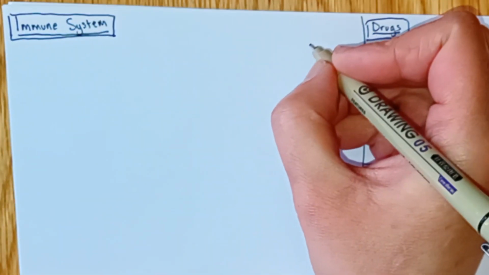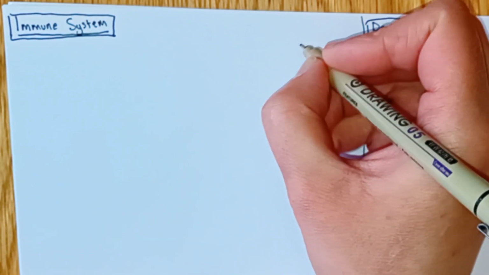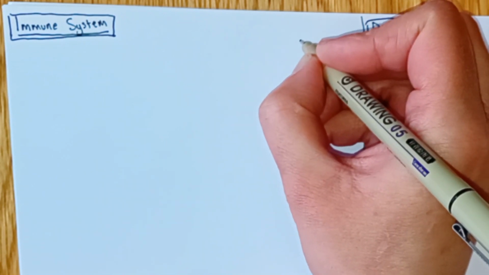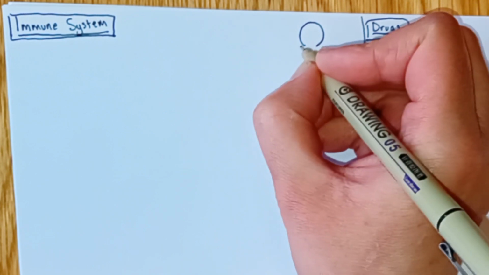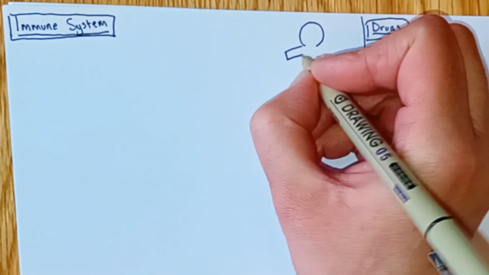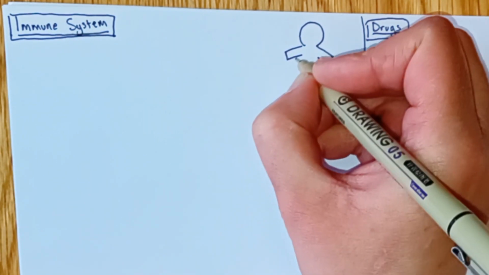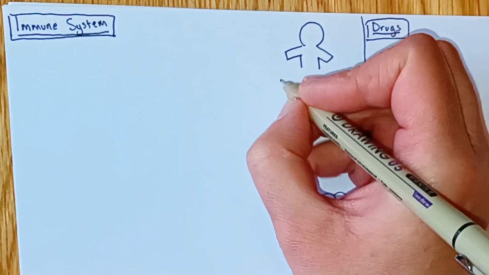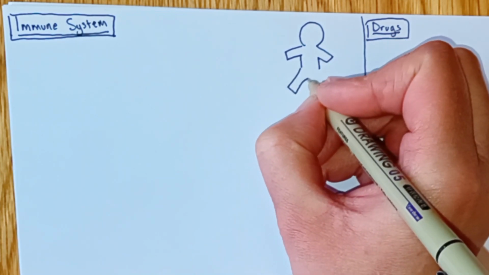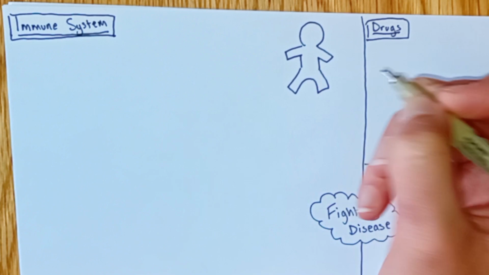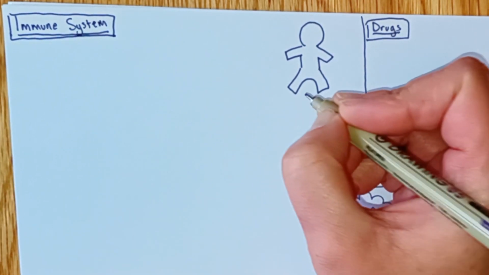So before pathogens can get in, they've got to get past barriers. So I'm going to draw a little gingerbread man here. Don't draw him too big because I'm not that bothered about him. Here we've got our little man.